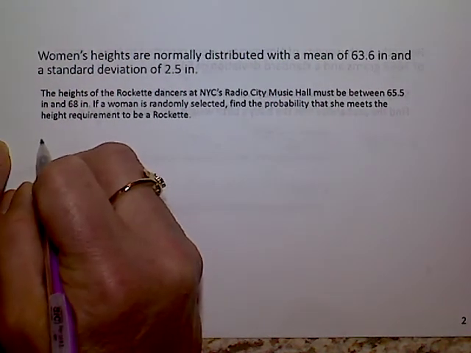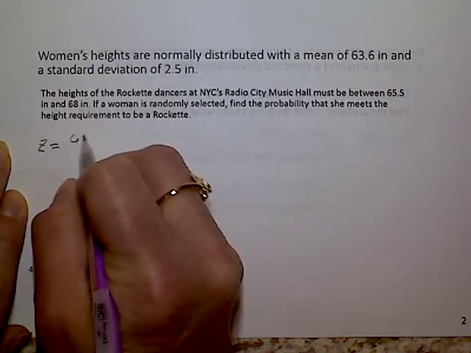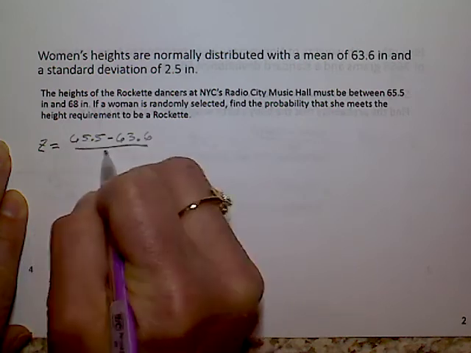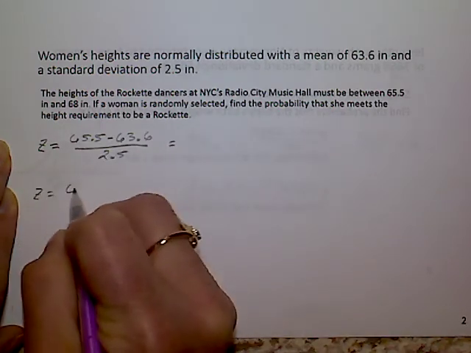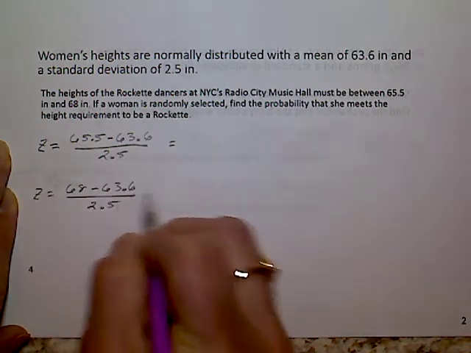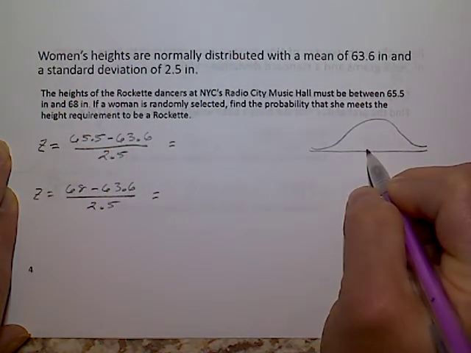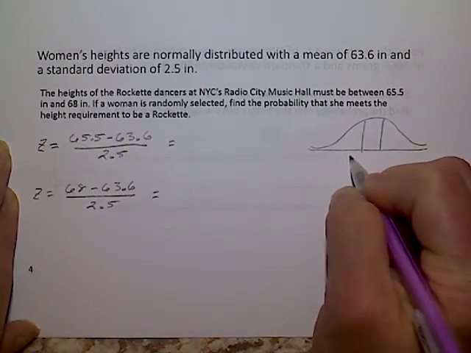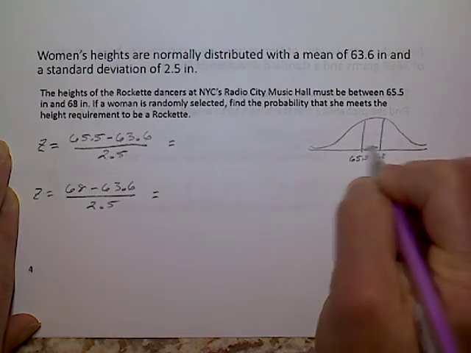All right, so first we're going to change 65.5 to a z-score: x minus mu over sigma. But we're also going to need a z-score for 68. So I'm going to write those both down so I can calculate them both at once. Okay? Remember that we need them to be between those two, 65.5 and 68.